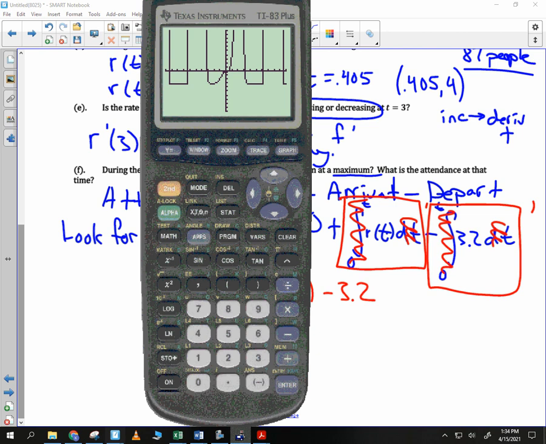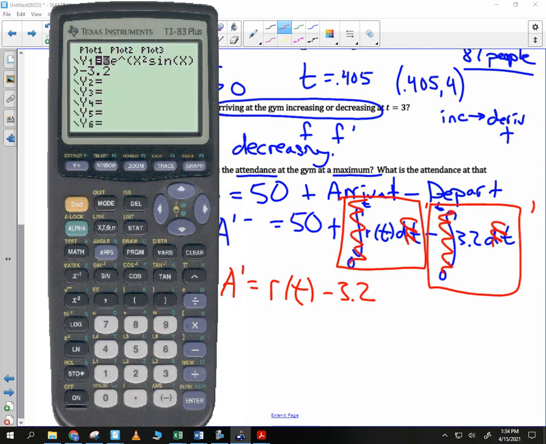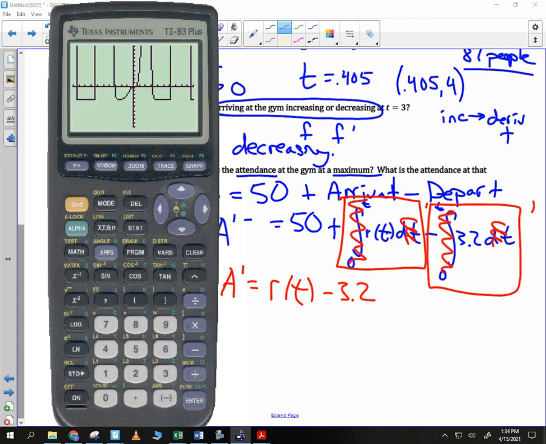I'm going to look to see if that changes from positive to negative. I'll go to my window. I've got my minus 3.2. I look at my graph. Does that change from positive to negative? It changes right there, right? Is that before or after 4?